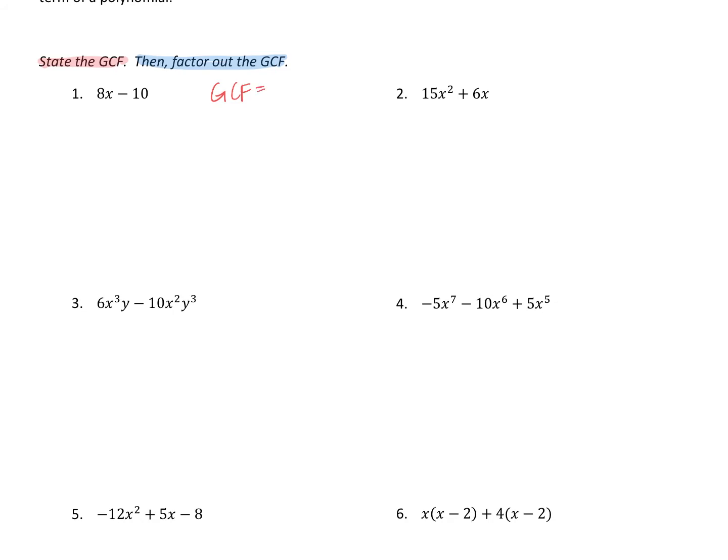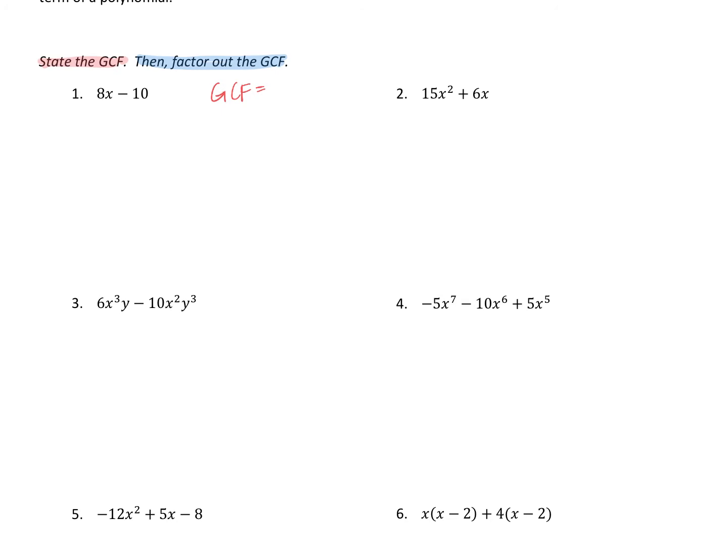GCF. That means, what do these two things have in common? What could I divide out of both of them? So maybe you see it already, maybe you don't. You can divide them both by 2. If you're not sure, you can write them as factors.